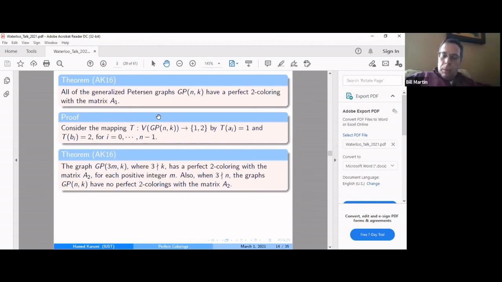I didn't catch that word. Comes from a block? Yes. Can you repeat that, Bill? He said every perfect coloring comes from a X, and I didn't hear the word. Block is the word?